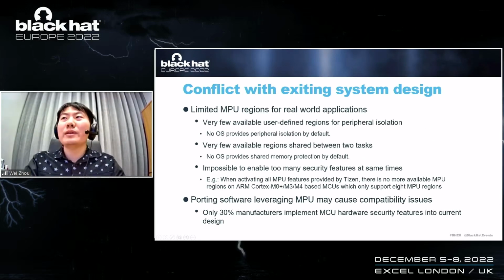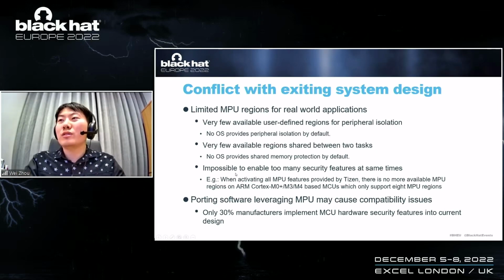And also the limited MPU ranges constrain its usage in real-world applications. We found there are very few user-defined ranges for the peripheral solutions. As shown in the table before, Node OS provides a peripheral solution by default, and very few ranges are available for memory sharing between two tasks, and we also found Node OS provides shared memory protections by default.